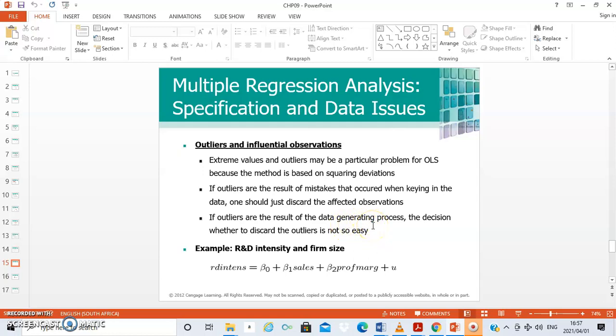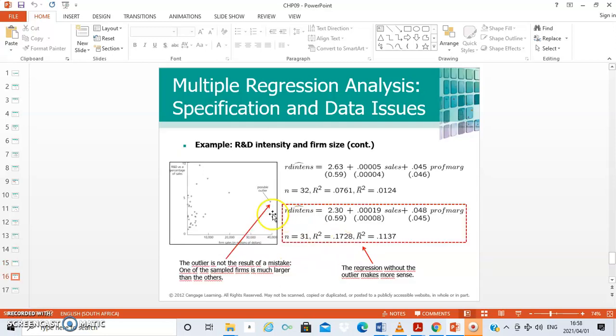So, for example, if you are taking a group of certain countries, or you want to determine whether there is a relationship between sales and profitability, profit margins of certain firms, or a relationship between research and development intensity vis-a-vis the firm size, sometimes you might find that there is an outlier.